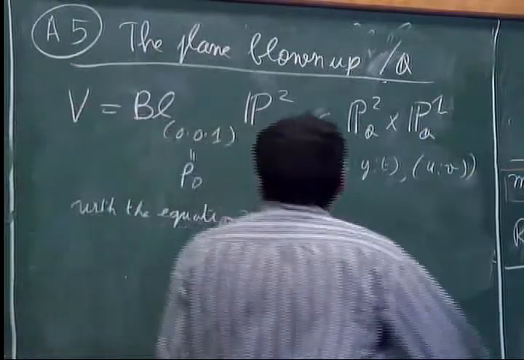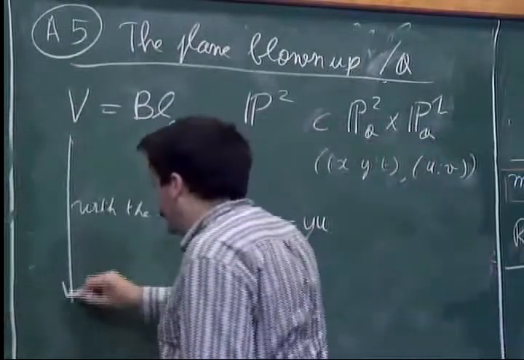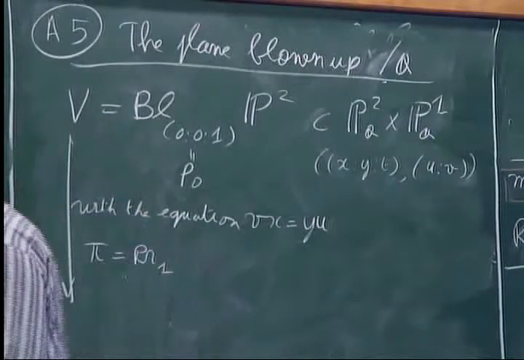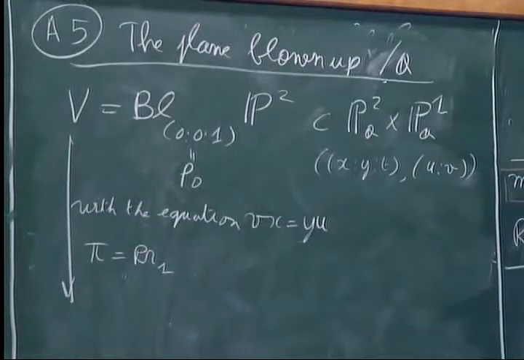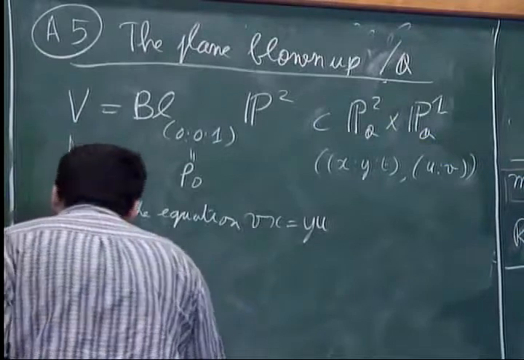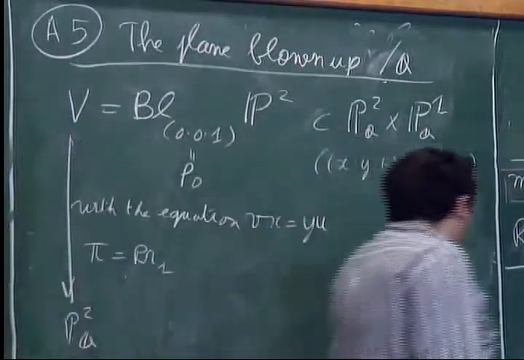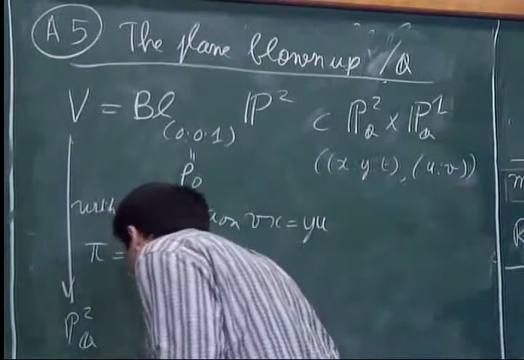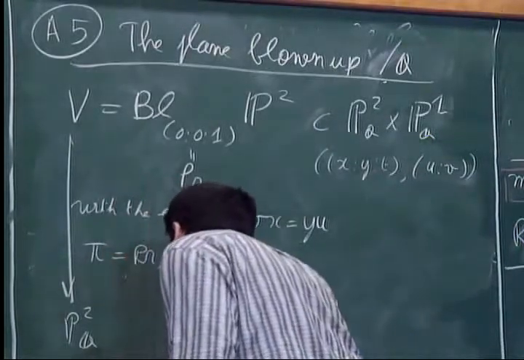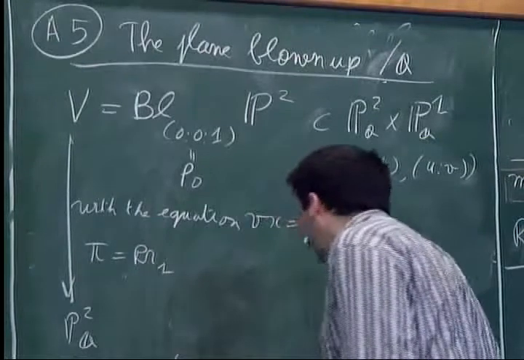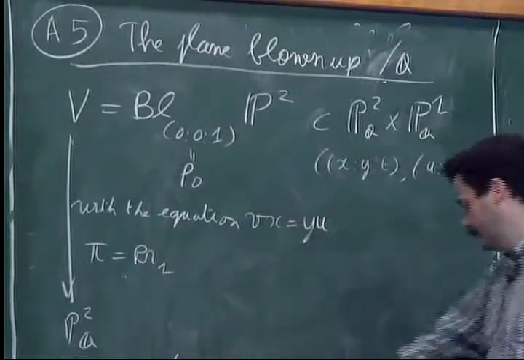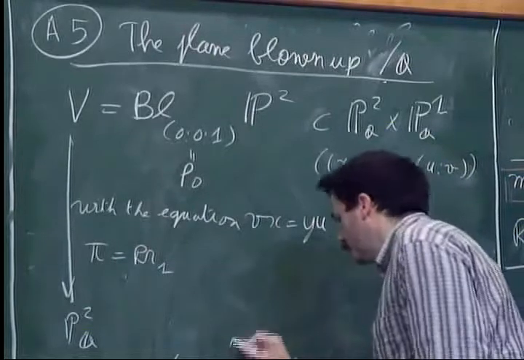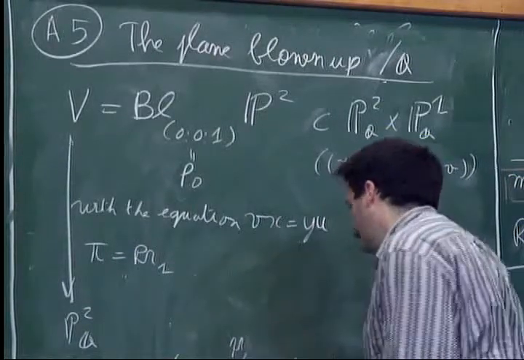And here I have a map which I denote by pi, which is in fact the restriction of the first projection, and which goes to P2 of Q. And as you know, if I denote by E the inverse image of P naught, then this is isomorphic to P1 of Q through the second projection.